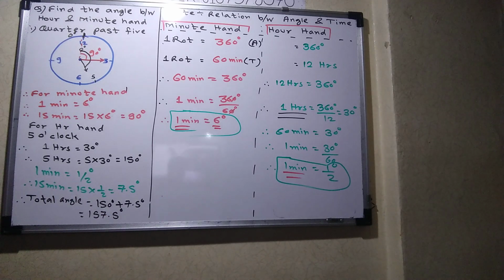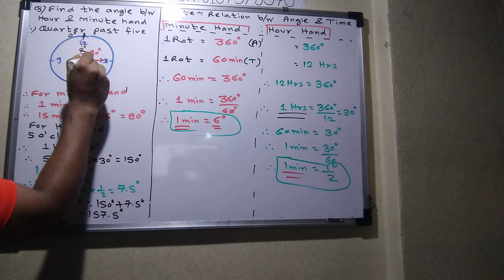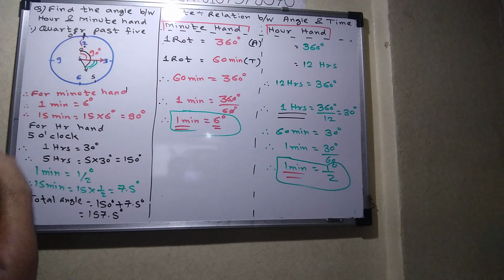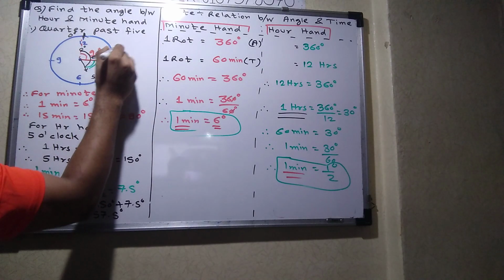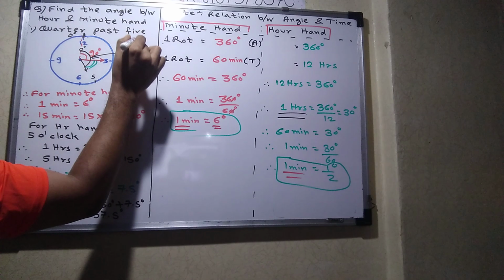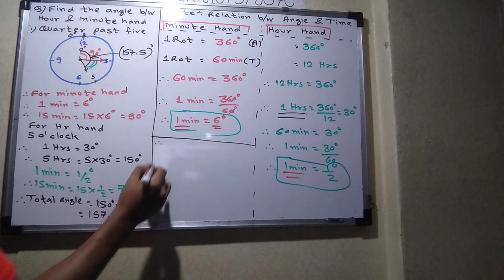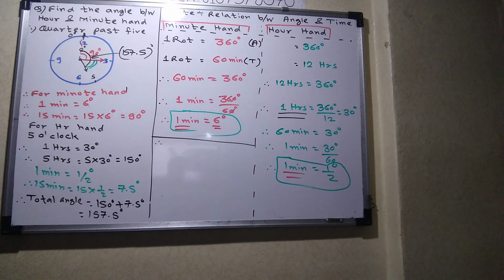Now we have to find the angle between them. This black part is 157.5 degrees. Now what we have to do? Minus 90. Yes, very good.